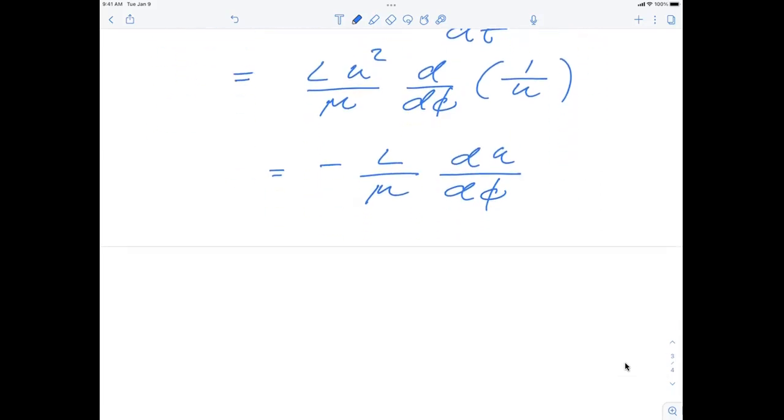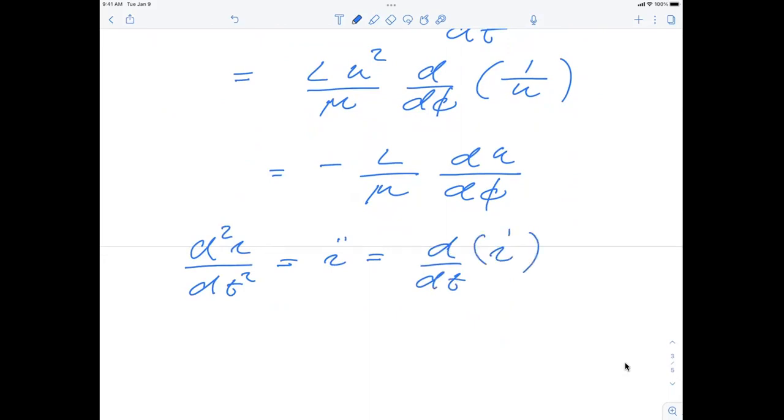So the next thing which we need is obviously the second derivative of dr/dt, which we wrote as r with two dots. So this is equal to d/dt of the first derivative with respect to r. If I do that, this is L times u squared divided by mu of d phi.